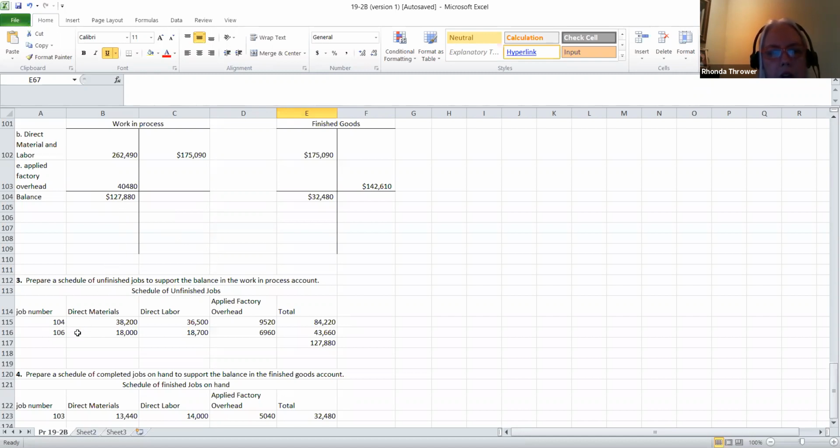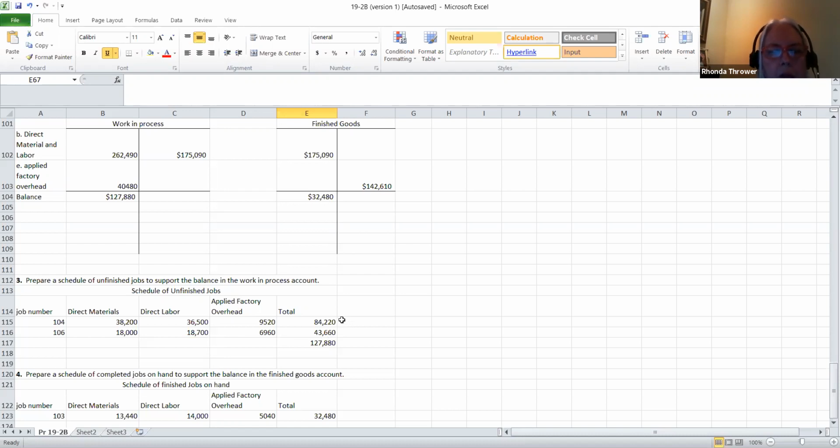The other job that we did not finish that we were working on was job number 106. The direct materials and the direct labor would come from transaction B, and the applied factory overhead comes from transaction E. All of these added together are 43,660. So the total cost of job number 106 is 43,660.